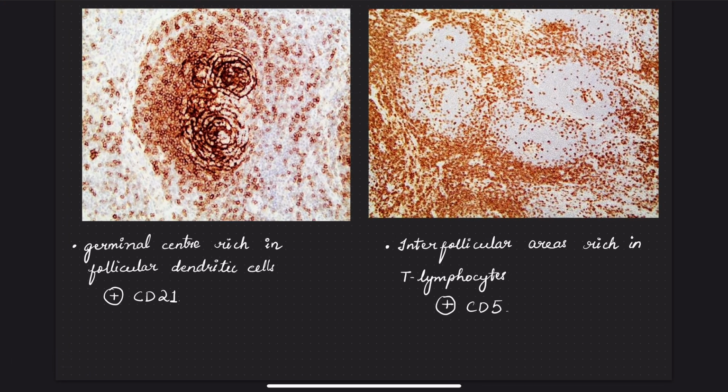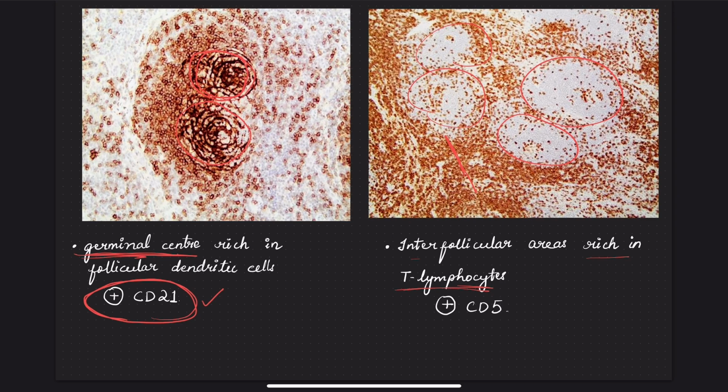As I said, the germinal centers are rich in follicular dendritic cells, which are positive for CD21. CD21 is the marker for follicular dendritic cells. It shows positive within the germinal center. And the interfollicular area, that means these are the follicles, in between the follicles is the interfollicular area, which is rich in T lymphocytes.